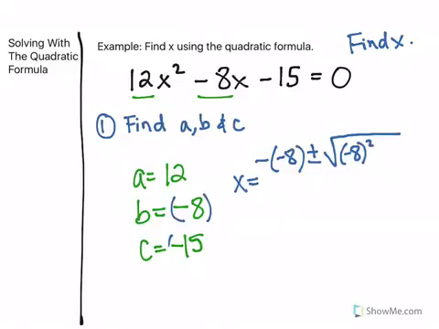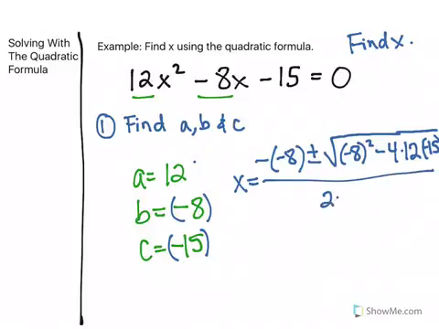So you might want to keep your values that are negative in parentheses so you don't forget to do that in your equation, minus 4 times a, which is 12, times negative 15. That's all under the radical sign. Ran out of room there. This is all over 2 times 12.